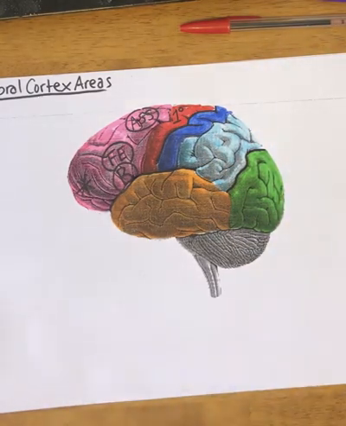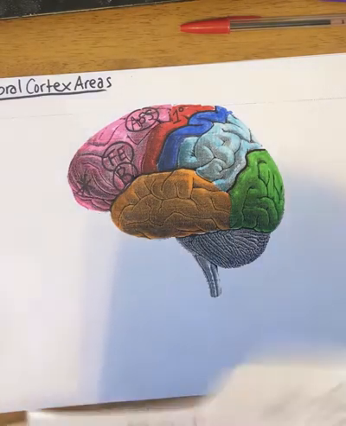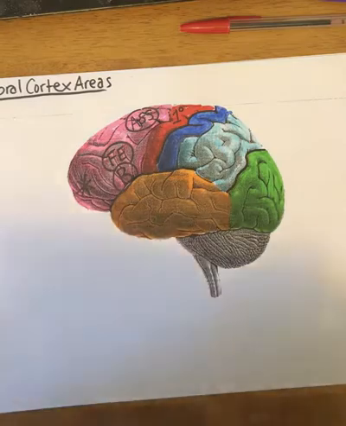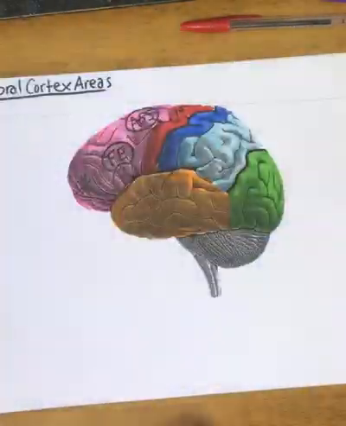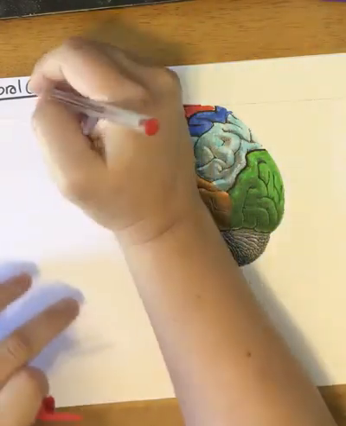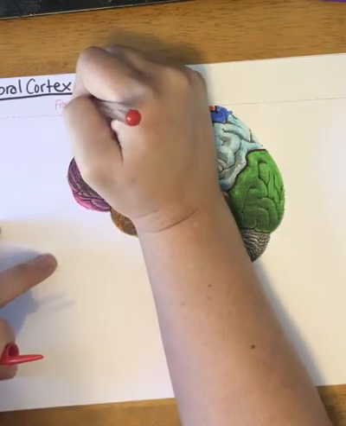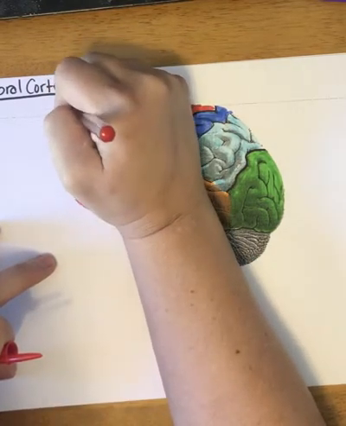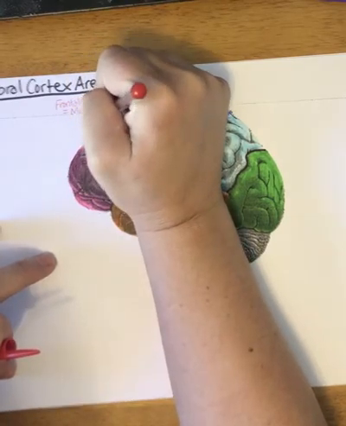So the first thing that we talk about when you understand the lobes is your frontal lobe is always going to be your motor functions. So you could write that on here. Frontal lobe is always going to equal your motor cortexes in different ways.